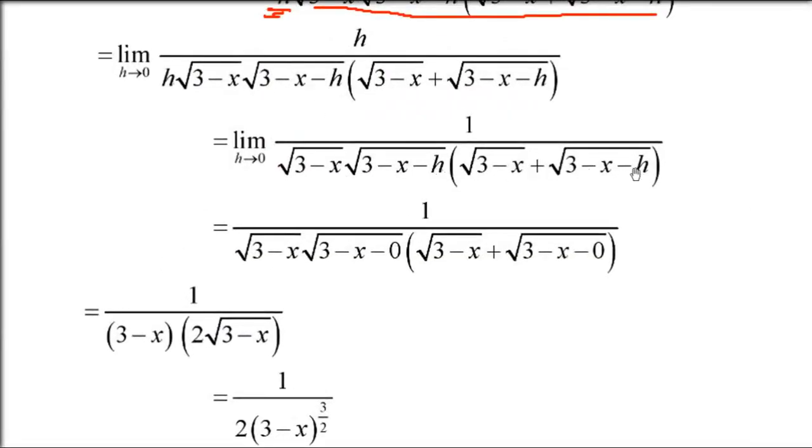Under root 3 minus x, under root 3 minus x, and then we have under root 3 minus x plus under root 3 minus x. That is 2 under root 3 minus x. So you have 2 root 3 minus x times 3 minus x.